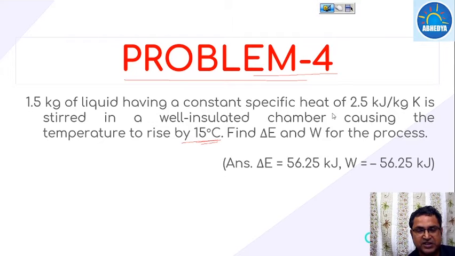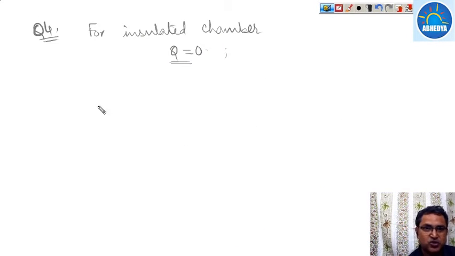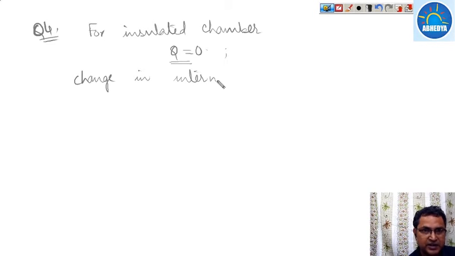Since it is in a well insulated chamber, the volume of the chamber remains constant. So this is the specific heat at constant volume. So the change in internal energy, delta U, becomes m C_V delta T.